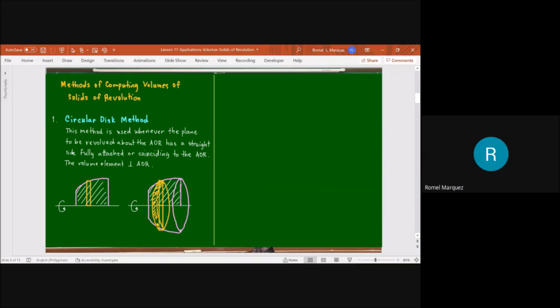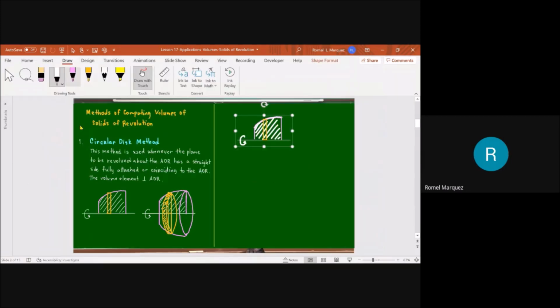If you're going to position it horizontally with the face on a horizontal surface, it will become a disk, like the shape of, let's say, a coin, no? A 5 peso coin.